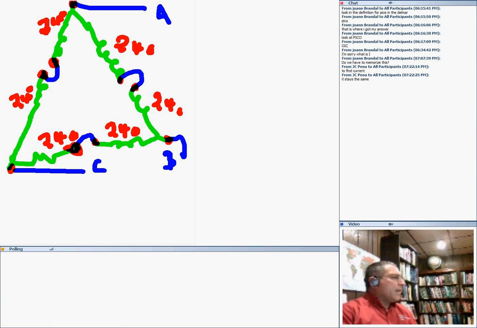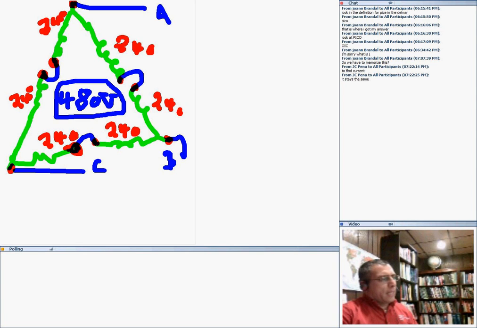I have just created a 480 volt delta motor. This is how you connect a 480 volt delta motor. Where did the 480 come from? 240 plus 240 is 480, right? You created a 480 delta motor, tying the coils inside the motor in series.